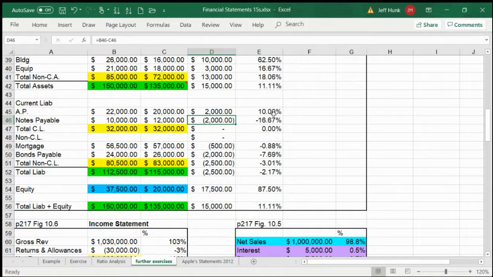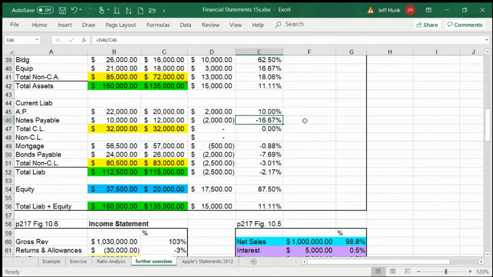You might wonder, if the increase in accounts payable is a good thing from the cash flow perspective, isn't this also a bad thing from the cash flow perspective? Yes, this is not necessarily a positive thing from the cash flow perspective because you cannot preserve as much cash, but this is a good thing in terms of default risk, right?